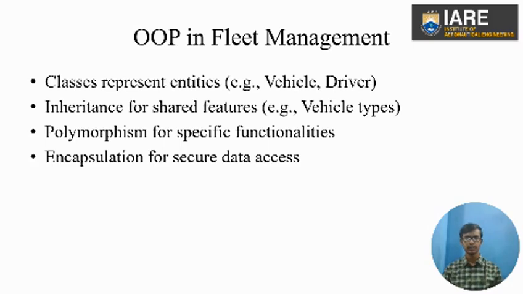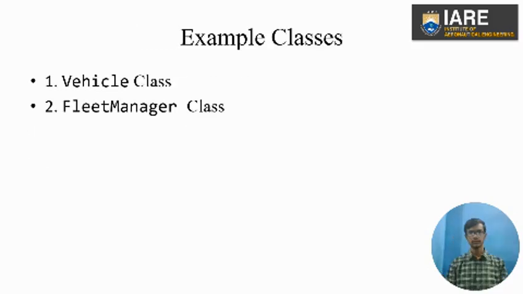The third one is polymorphism for specific functionalities used in the concept of fleet management system. And the fourth one is encapsulation, which can be used for secure data access, which means that we can use the concept of encapsulation to secure any kind of private data or protected data in fleet management system.